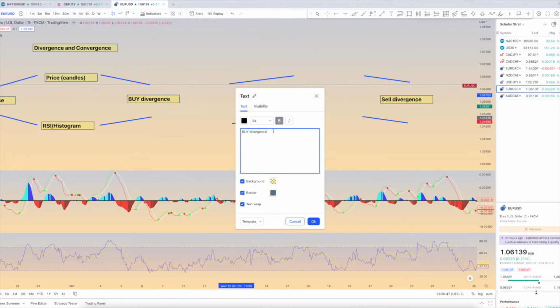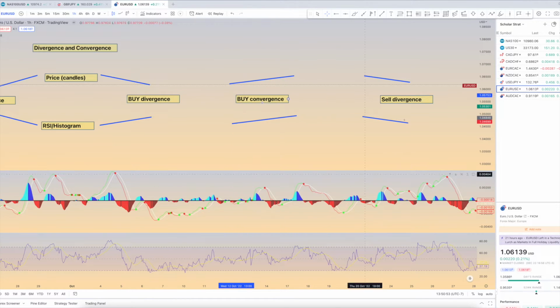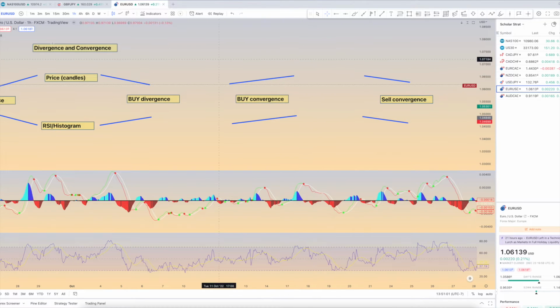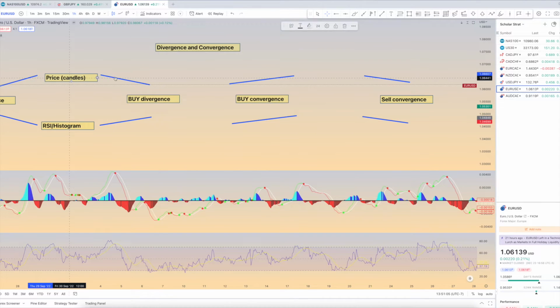Now let's just write convergence. Okay, so divergence and convergence, that's all it is. And then price and candles, RSI and histogram. So that is what we're going to be looking for.